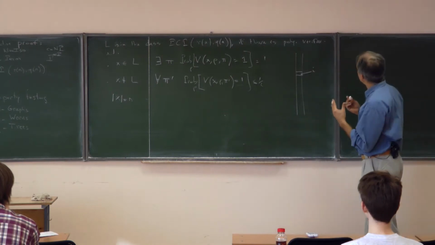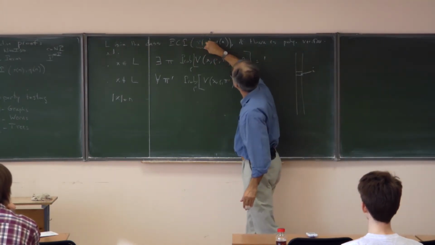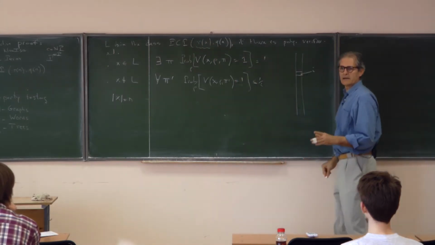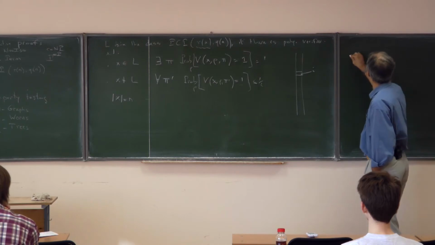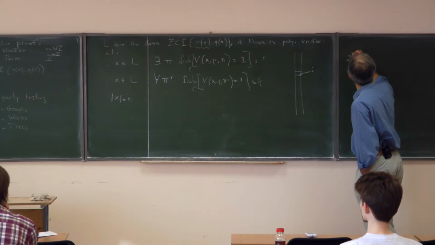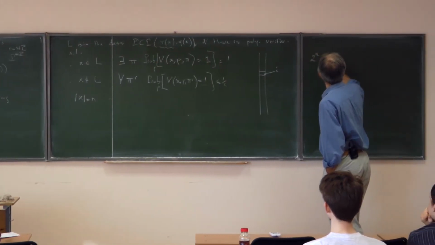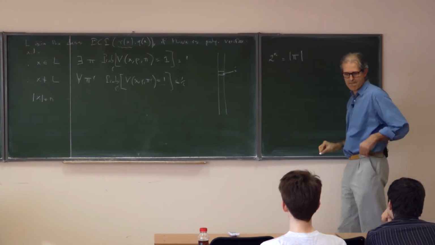It's important because it's going to condition R(n). Imagine the length of pi is 2 to the n.